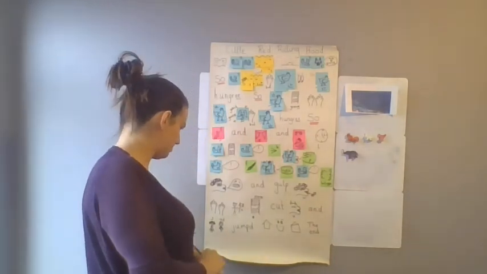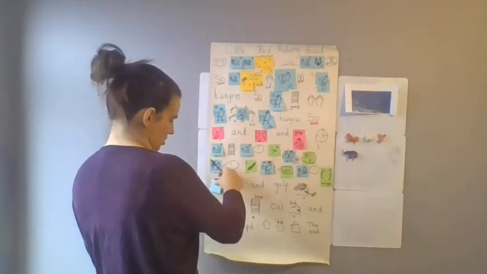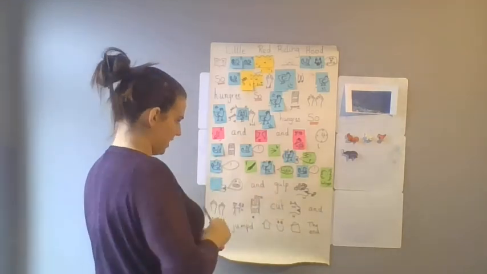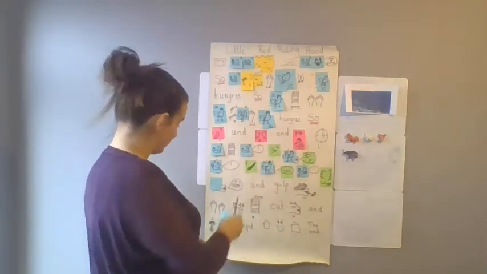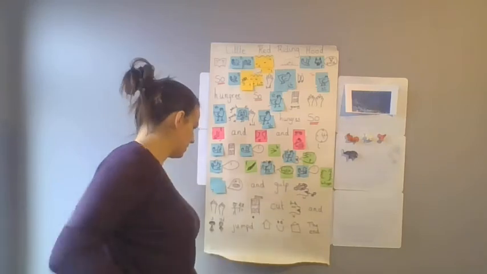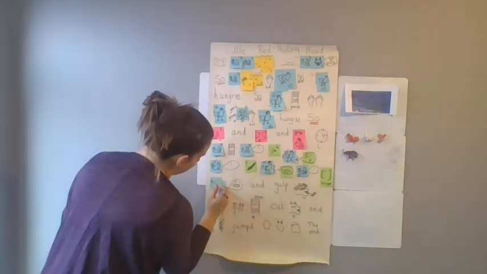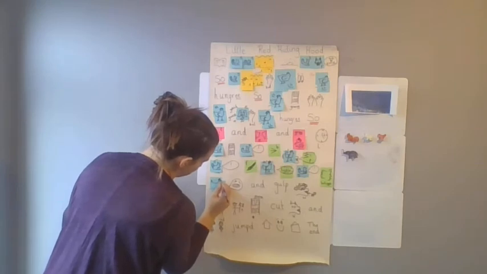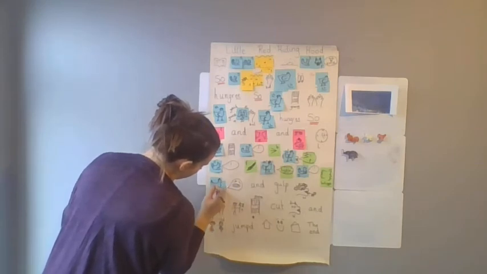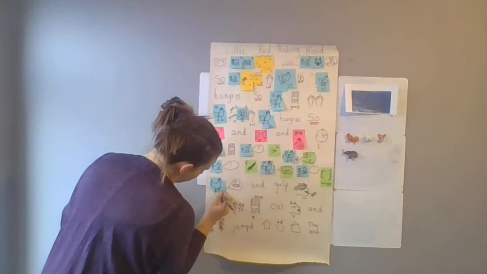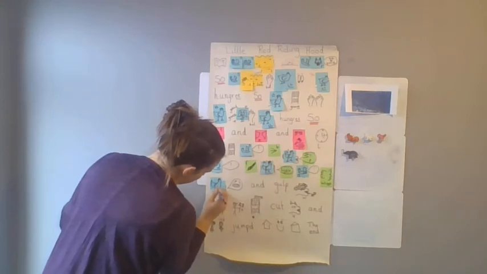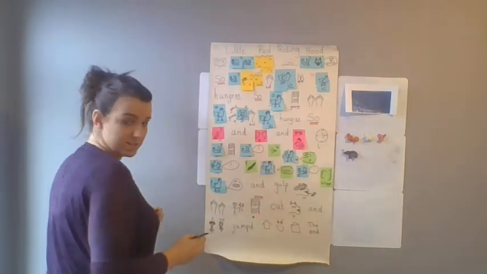Okay, we need to cover up Mr. Wolf. He's not Mr. Wolf anymore. Who is he? Mr. Chicken, that's right. So let's draw the chicken. Okay, what sound does chicken start with?